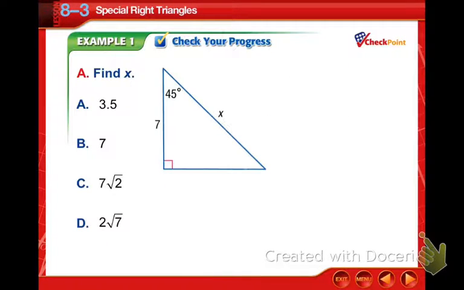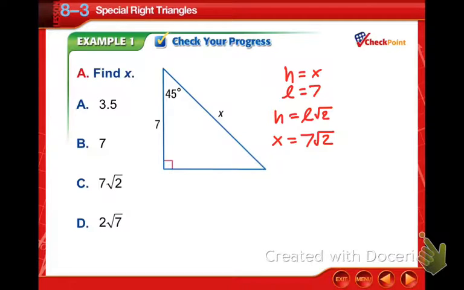So our next problem, we have a multiple choice question here, similar to our first one we did. So again, write everything out. We know that our hypotenuse is X, we know that our leg is 7, and we know that the hypotenuse is equal to the leg times square root 2. So that means, again, our hypotenuse, X, is equal to our leg 7 times square root 2.